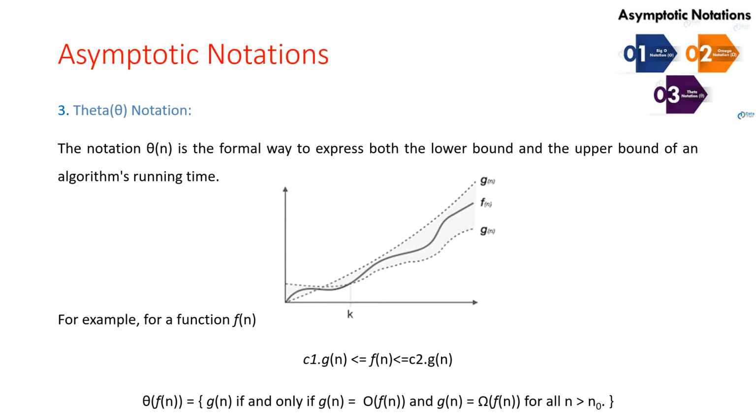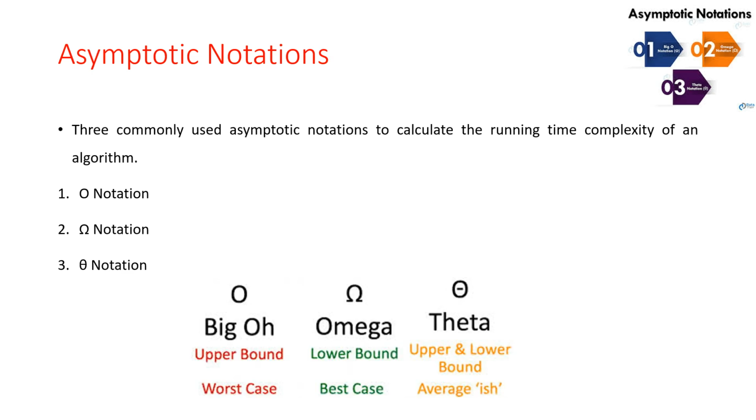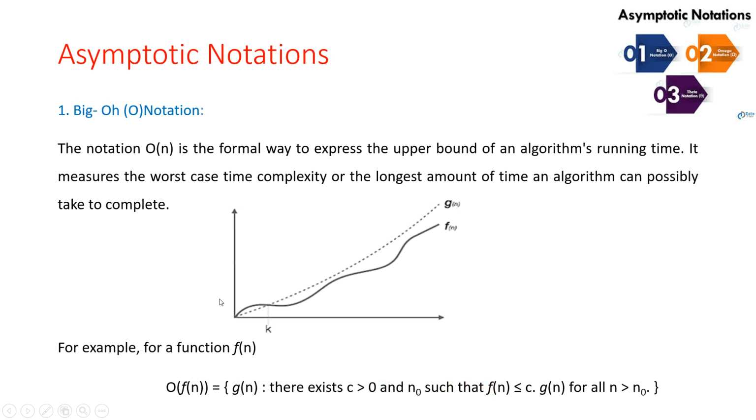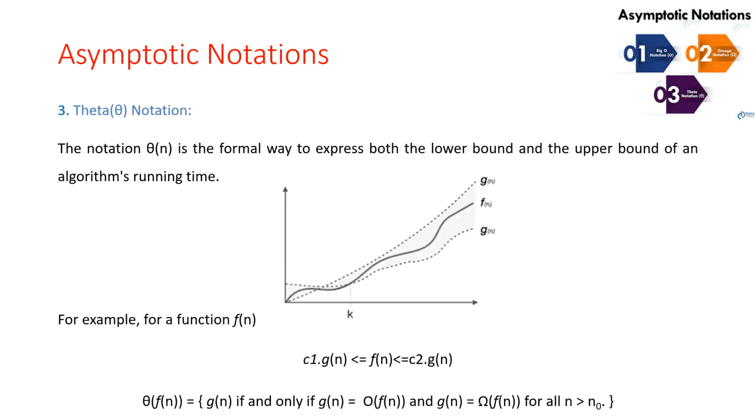And the third one is theta notation, where the notation theta is the formal way to express both lower bound and upper bound of an algorithm's running time. So this is for the average case. Theta is for the average case between the lower and upper bound.